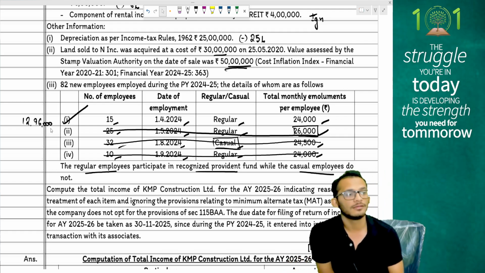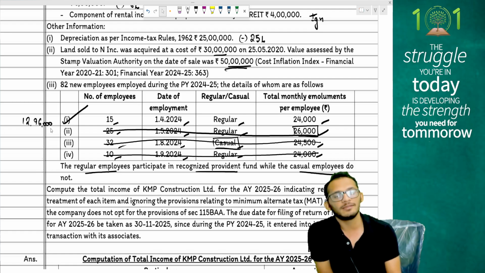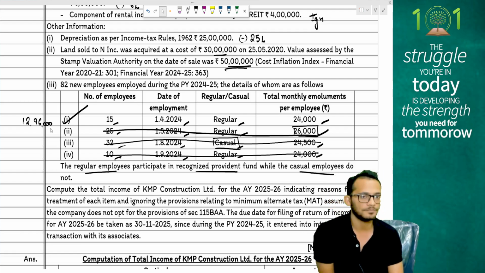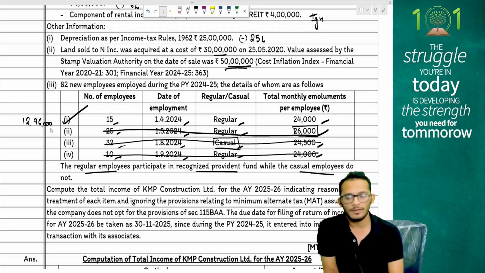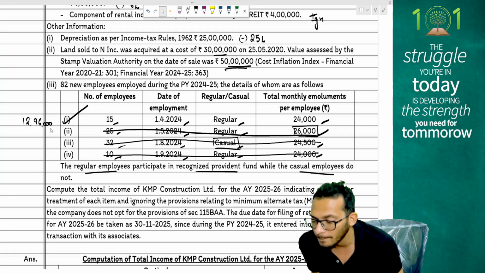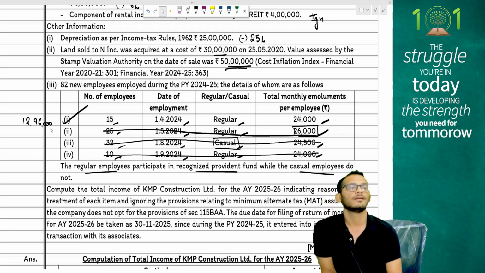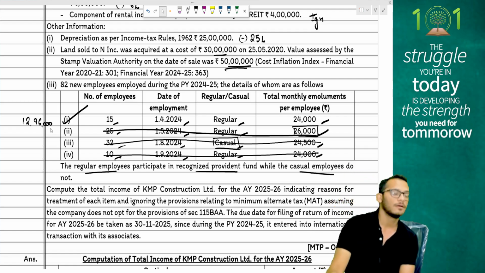Yes, write section 80 JJAA, open brackets, it is 15 into 24,000 into 12 into 30%. Yes, number is directly 12,96,000 in brackets.